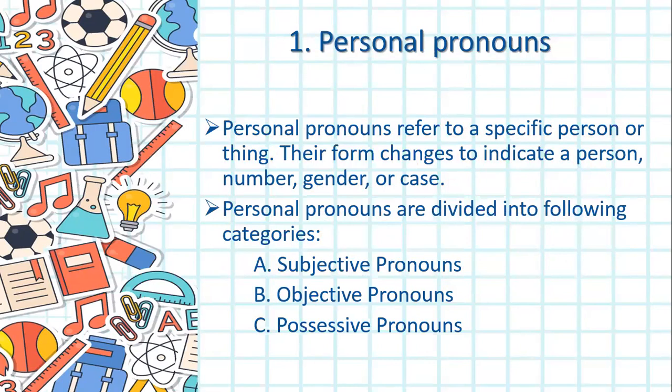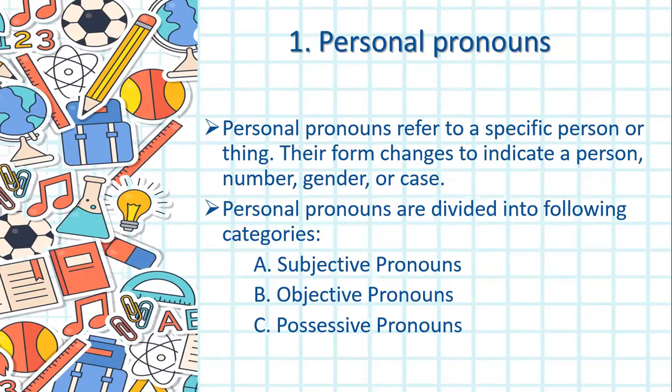Personal pronouns refer to a specific person or thing. Their form changes to indicate person, number, gender, case. So this means that you can choose personal pronouns according to a person. For example, this is maybe the third person, so you choose he.